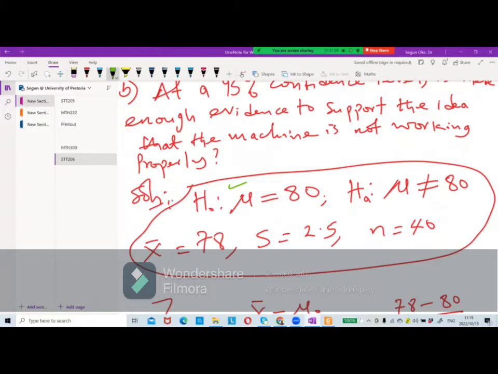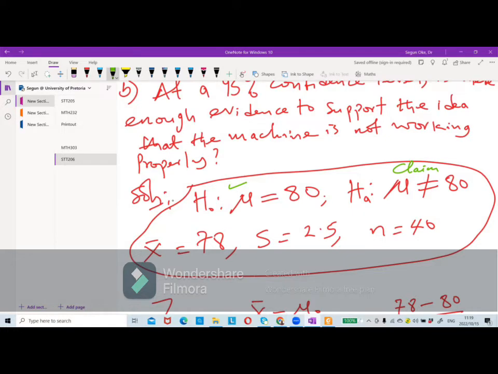That is, according to the manufacturer of this machine, the machine will give you 80 ml. But according to my own research, as an employee, I said the machine is not equal to 80. This is my own claim.